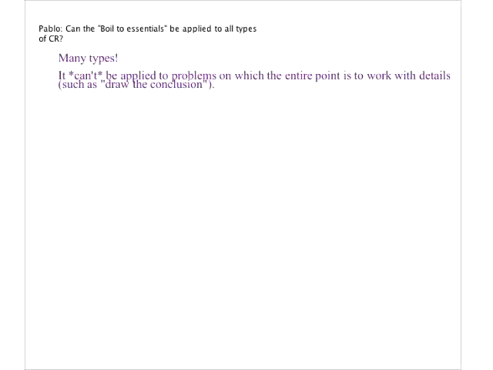But on other types of problems, on most other types, this is the point: you need to understand the essential argument and respond to it without getting distracted.